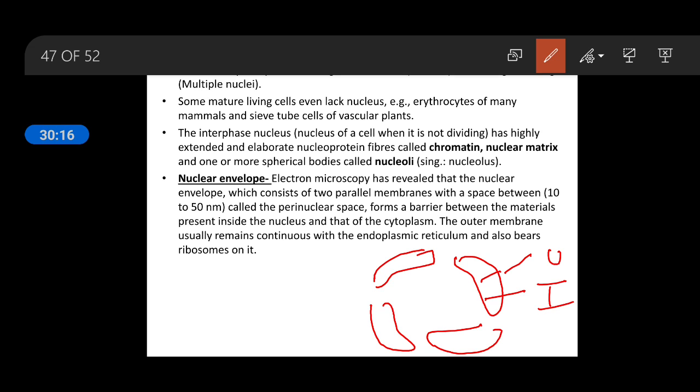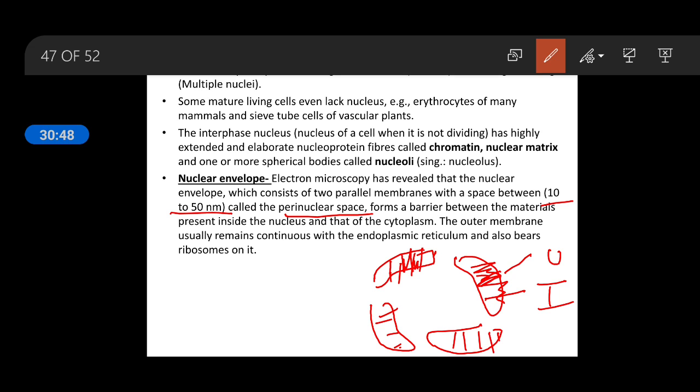The space between them is known as the perinuclear space. It is about 10 to 50 nanometer thick, meaning the distance between the outer and inner nuclear membrane is 10 to 50 nanometer.